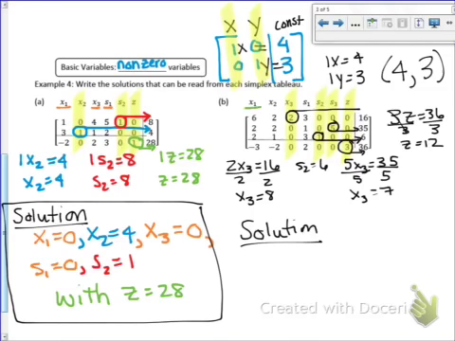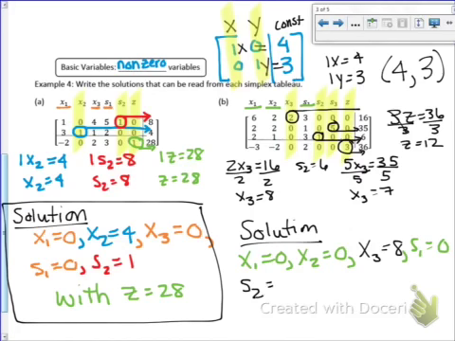Remember, all the ones that we didn't solve for are all 0. So X1 is 0, and X2 is 0, and then X3 is 8, and S1 is 0, and S2 is 6, and I'm sorry, way up here, this should have said S3, not X. And then S3 is 7.